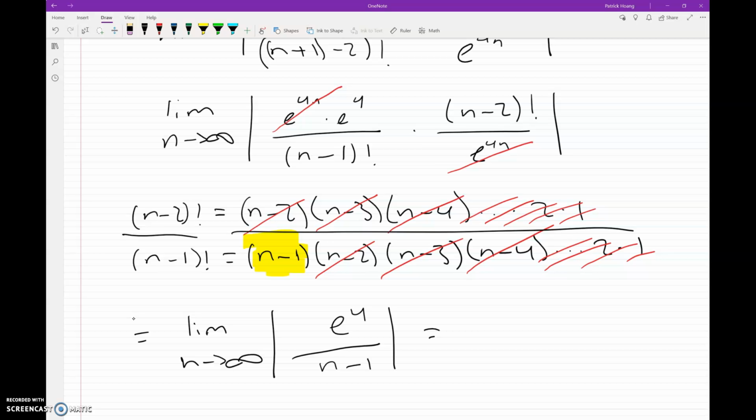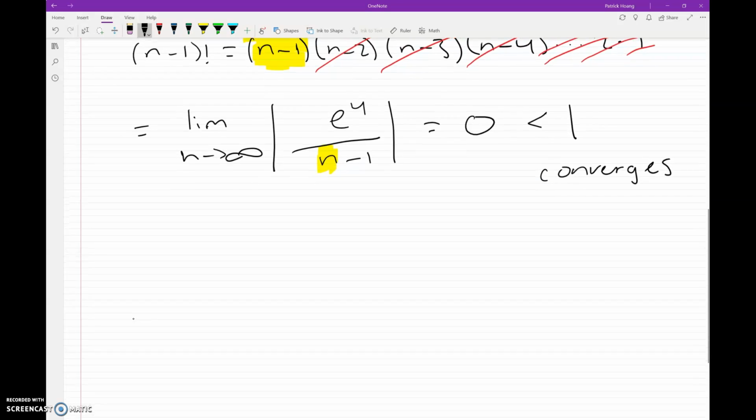Well, if you were to take the absolute value of e to the 4th divided by n minus 1, there's an n in the denominator, so the denominator is getting very, very large. A number divided by a very large number is a very small number. So this is approaching 0. And this is definitely less than 1, so our series converges.